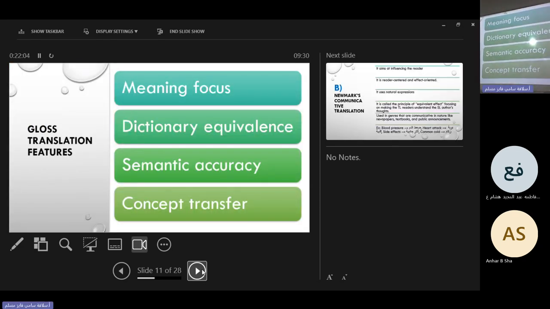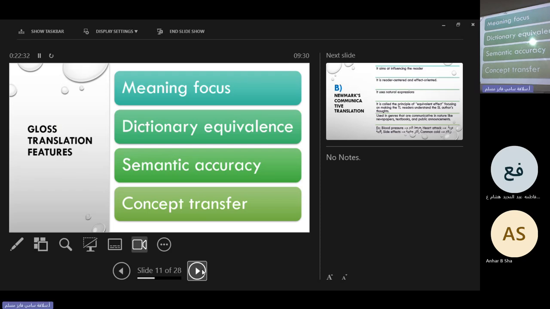What are the features of the gloss translation? It is meaning focus. Okay, it gives us finally the meaning. Dictionary equivalence. So this one is already part of the dictionary in the target language, for example the Arabic dictionaries, so it is validated.